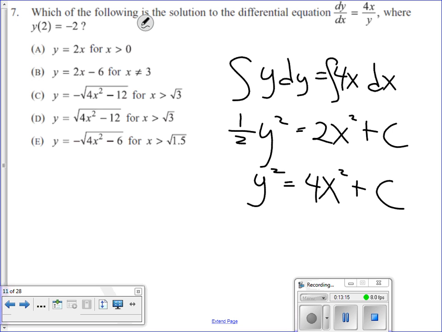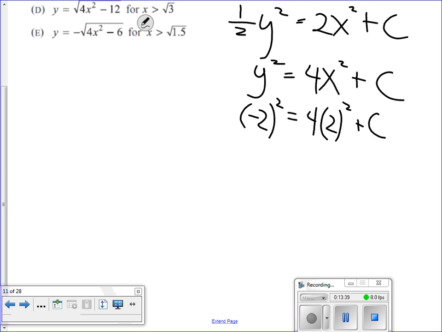Right. Now, I like to get the c before I take the square root, before it gets too crazy. We'll get c now. So y of 2 equals -2. So -2 squared equals 4 times 2 squared plus c. 4 equals 16 plus c.